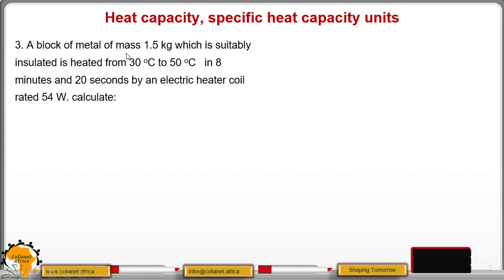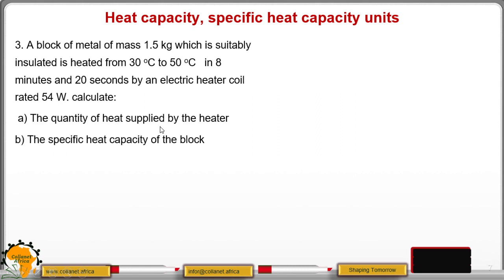A block of metal of mass 1.5 kg, which is suitably insulated, is heated from 30 degrees to 50 degrees Celsius in 80 minutes and 20 seconds by an electric heater coil rated 54 watts. Calculate 1, the quantity of heat supplied by the heater, and 2, the specific heat capacity of the block. We proceed as follows.